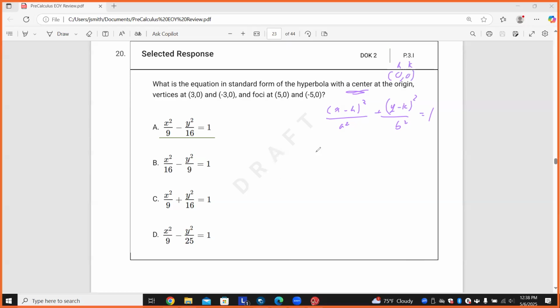To determine the a, you have to determine the major axis. The major axis is simply found from your two vertices. So in this case, that would be 3 plus negative. Well, let me write out the formula first. This would be x1 minus x2 squared plus y1 minus y2 squared. It's the distance formula.